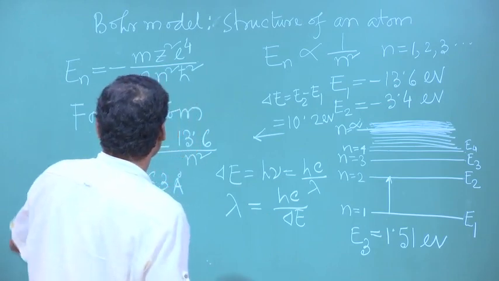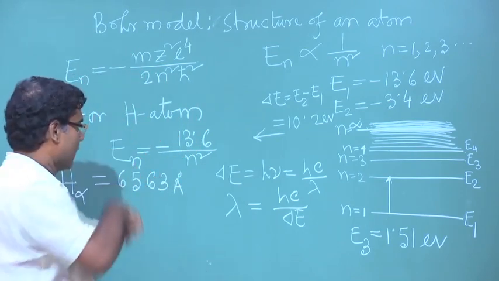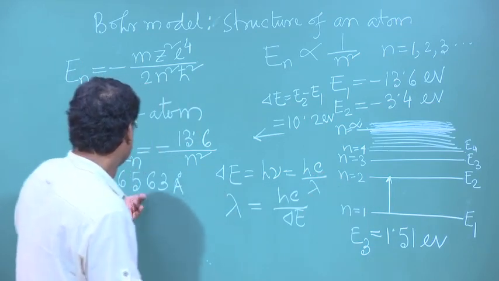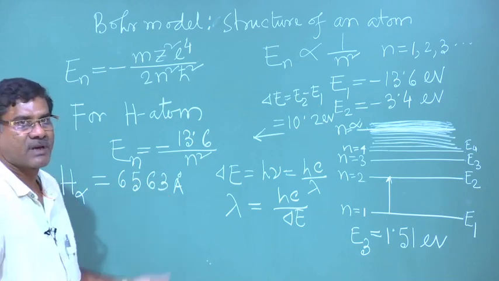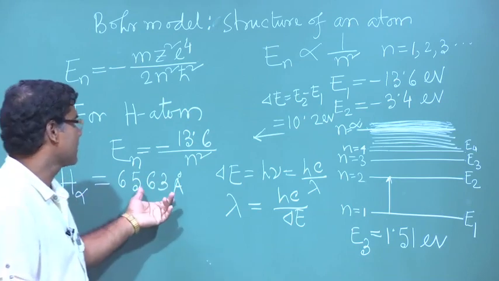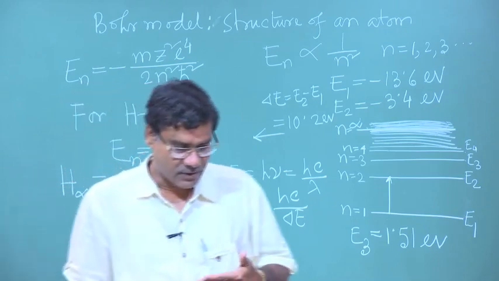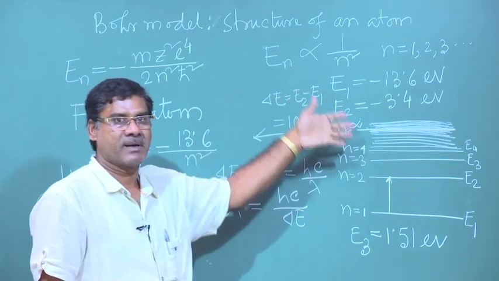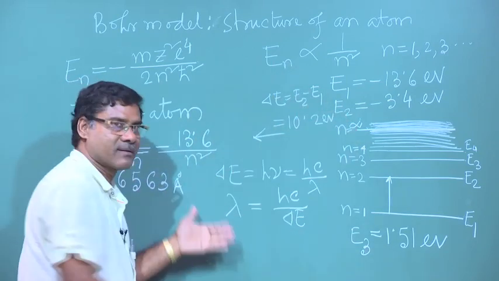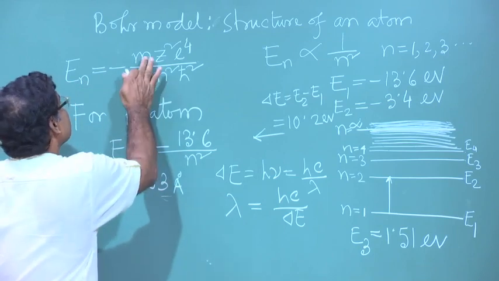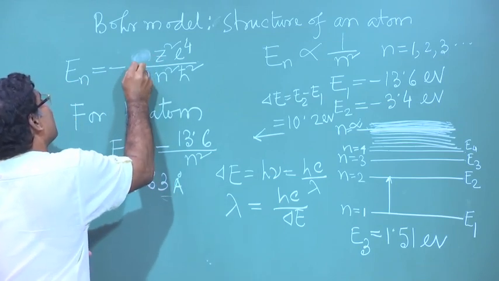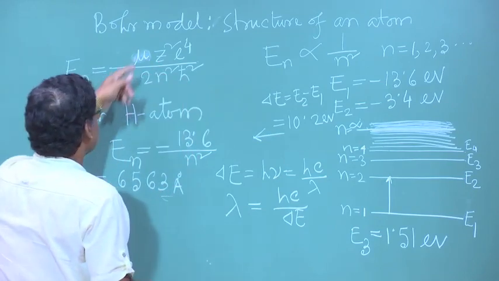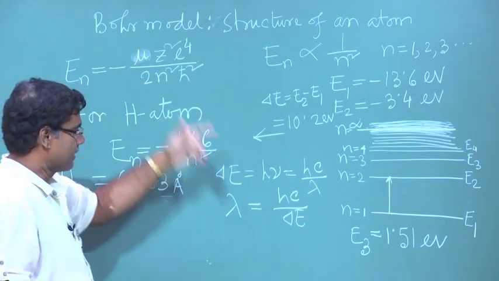Actually, taking the difference of energy levels, whatever wavelength was obtained was slightly different from the wavelength observed experimentally. Here I have written the correct value, but actually one has to take mu, the reduced mass, replacing m, as I mentioned, and then you will get this value.